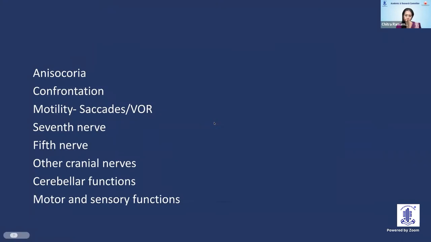Examination of the seventh and the fifth nerve should be checked in all patients who present to you with a probable sixth nerve palsy. We should also be aware of checking the other cranial nerves, like, as I mentioned, the vestibulocochlear nerve. Cerebellar function tests, by performing the finger nose test, past pointing, and dysdiadochokinesia, and a general motor and sensory function examination, including the reflexes, knee jerk and ankle jerk, would be an important examination technique that you should be deploying.